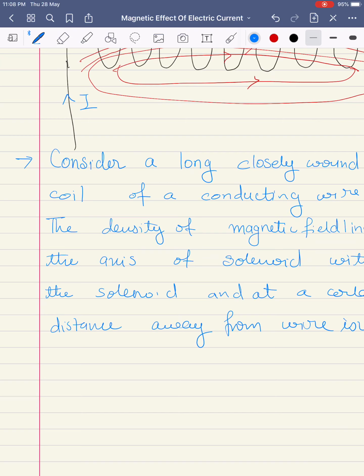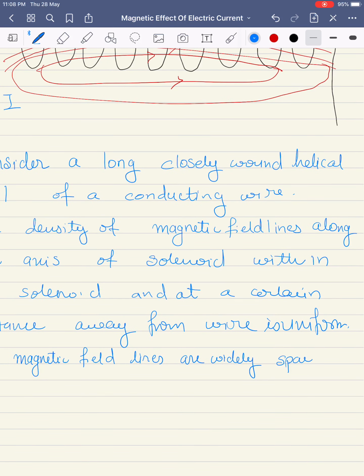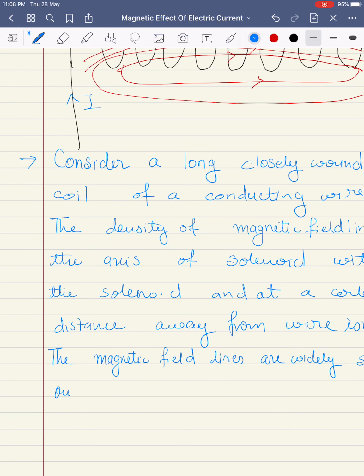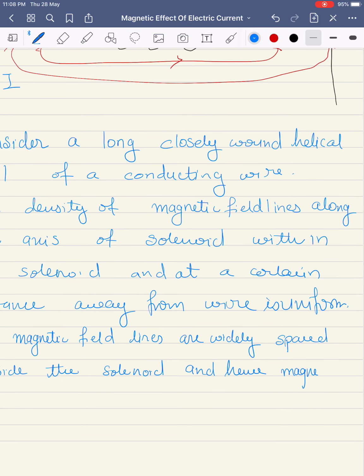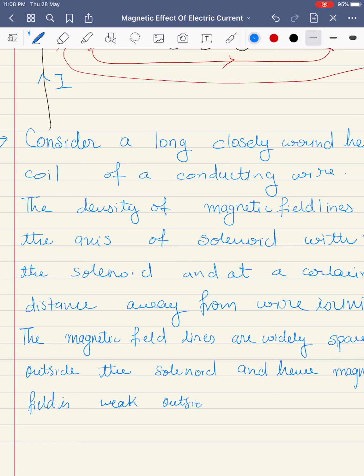Whereas if I say the magnetic lines of force, the magnetic field lines are widely spaced outside this solenoid, and hence the magnetic field is weak outside the solenoid.